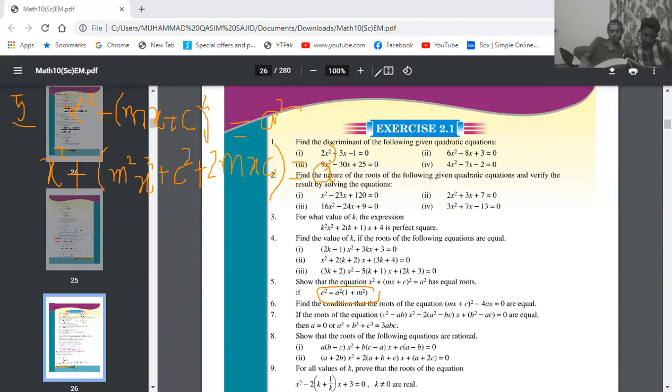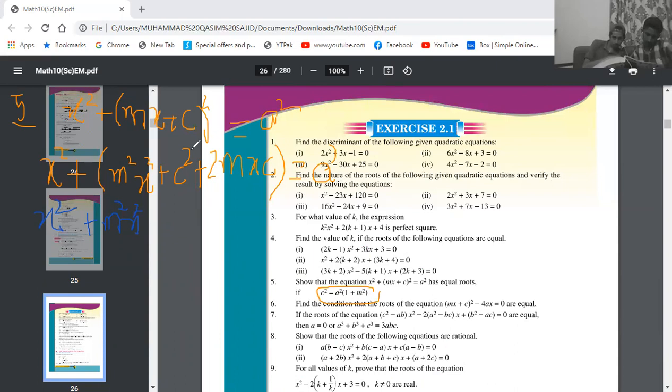Now this value must be equal to x square plus m square x square. What is the value of c given? The given value is c square equals a square into (1 plus m square).